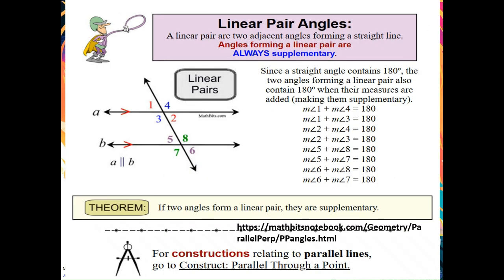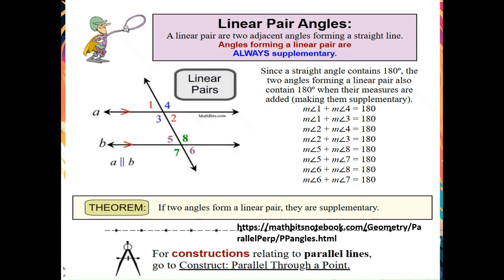Linear pair angles. A linear pair is two adjacent angles forming a straight line. A straight line measures 180 degrees, making them supplementary. We have angle 1 and angle 4, angle 3 and angle 2, angle 5 and angle 8, angle 7 and angle 6.